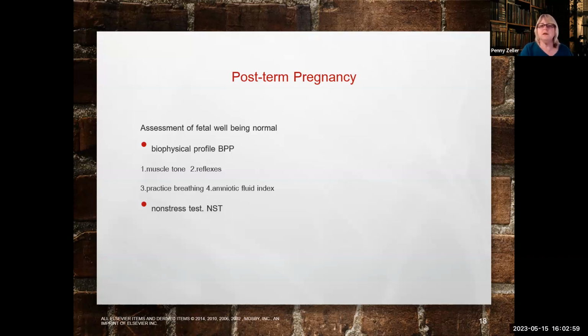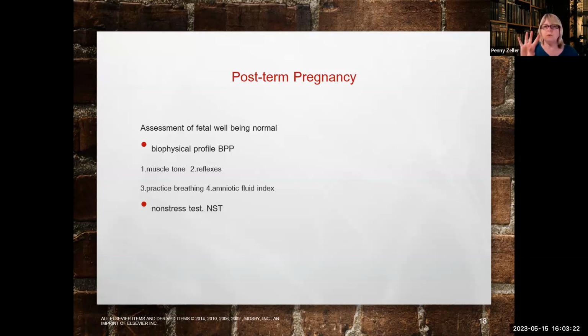It's a way of measuring, is the fetus thriving? Baby can move okay, the reflexes are working, babies practice breathing, and amniotic fluid amount. So it's a fetal well-being measure.